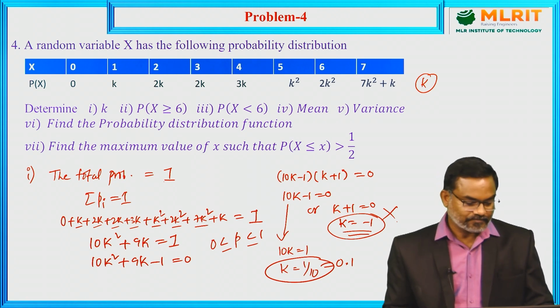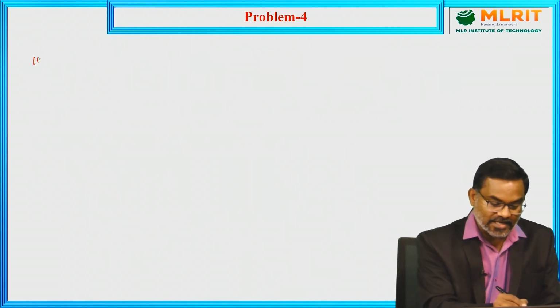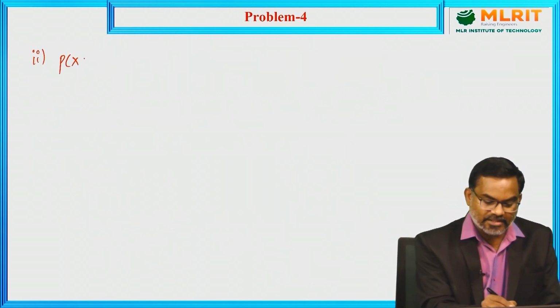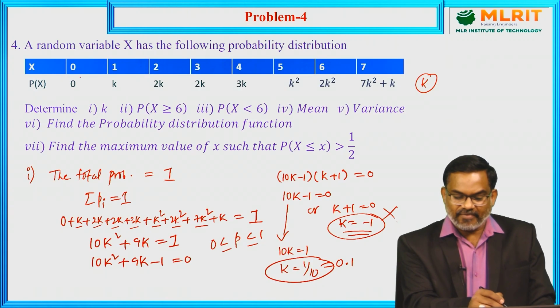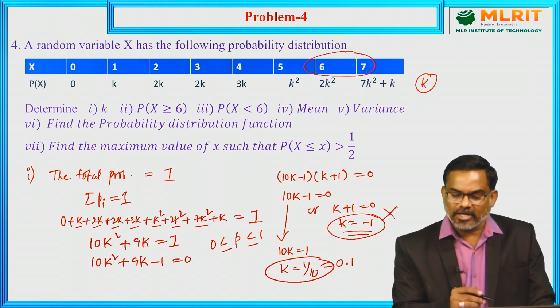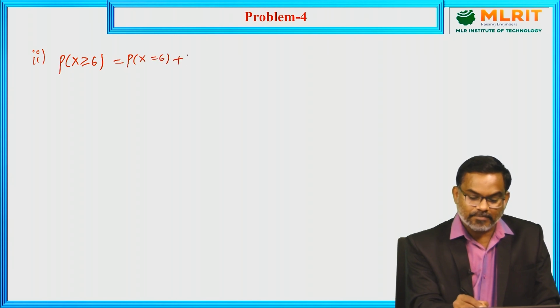Now the second problem, probability of x greater than or equal to 6. Here the values of x are from 0 to 7. Greater than or equal to 6 means these two, 6 and 7. So probability of x equal to 6 plus probability of x equal to 7.